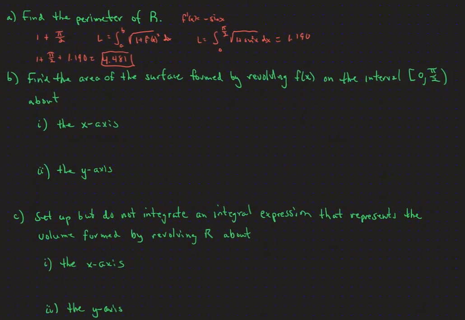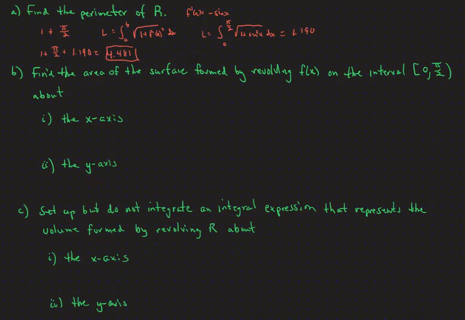Okay, let's find the area of the surface formed by revolving f of x on the interval from 0 to pi over 2 about the x-axis. So if you remember, we're going to take our curve here, and if we revolve that about the x-axis, then we know that our delta area is 2 pi r, and we're going to have to decide what that radius is.